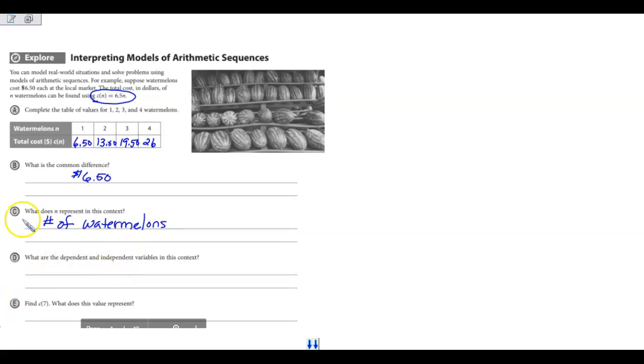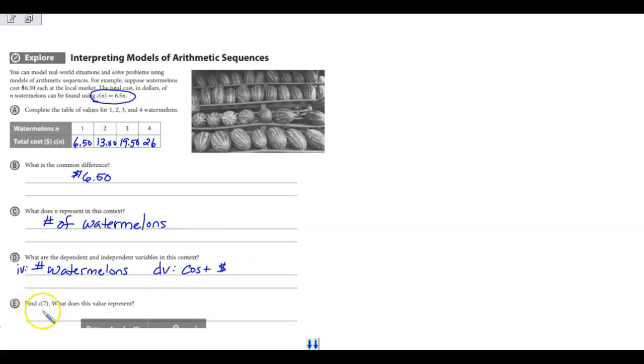Well, the independent is the number of watermelons. So the independent variable is the number of watermelons. What is the dependent variable? That is the cost in dollars for the watermelons. Okay, so total cost.